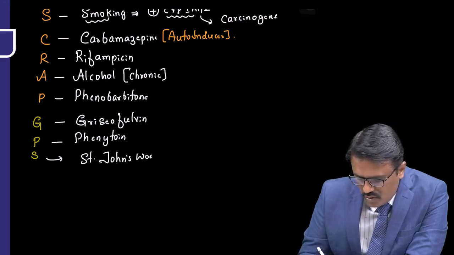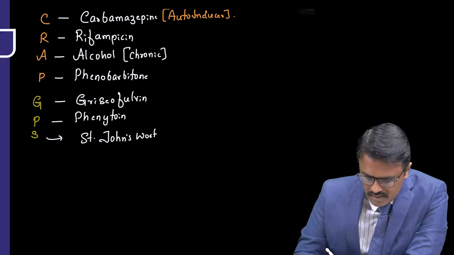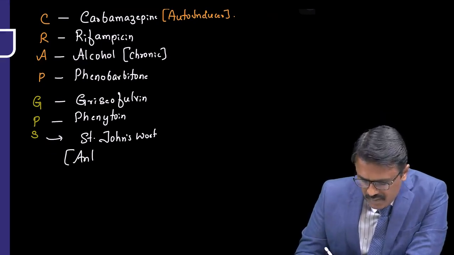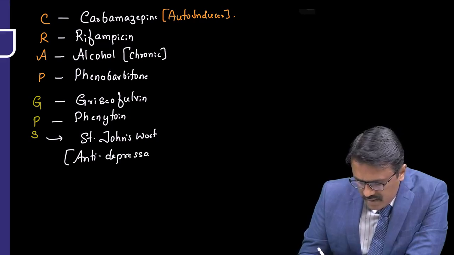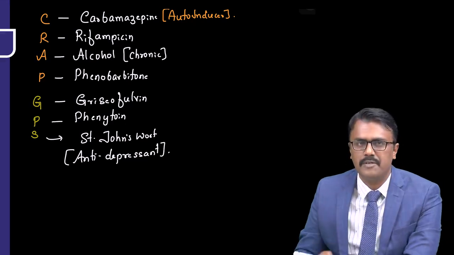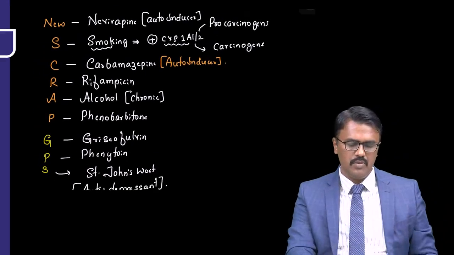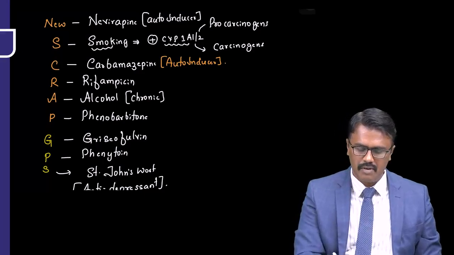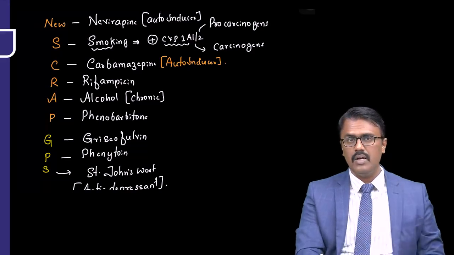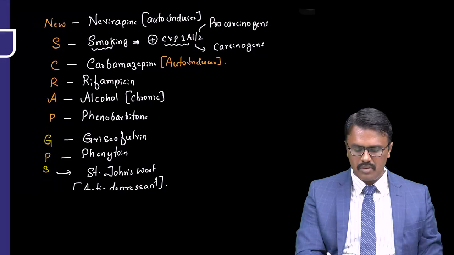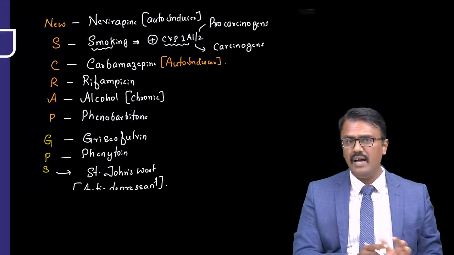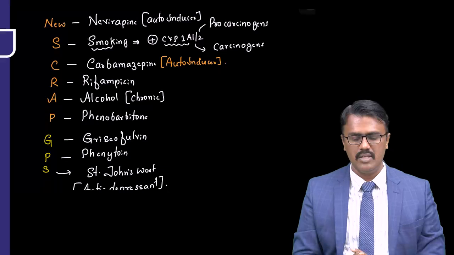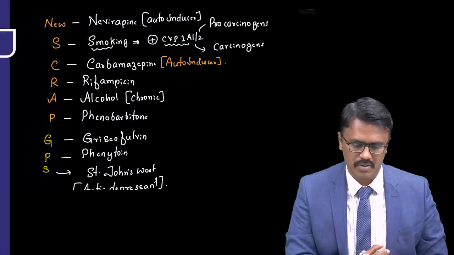In Western countries, it is used as an antidepressant. So it's a herbal preparation. So the mnemonic is new scrap GPS: nevirapine, smoking, carbamazepine, rifampicin, alcohol (remember, chronic alcoholism), phenobarbital, griseofulvin, phenytoin, and the herbal drug St. John's wort. These are inducers and it's a slower process.